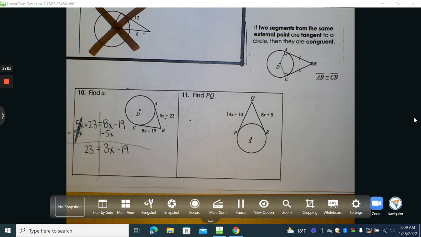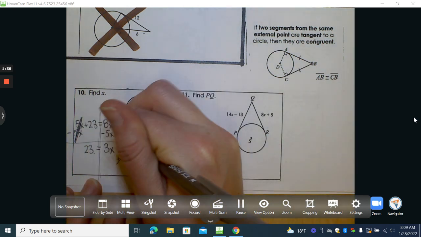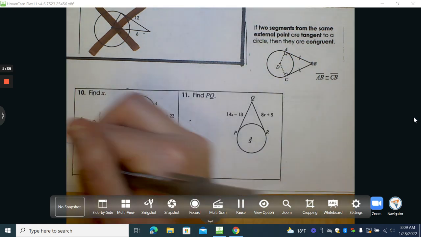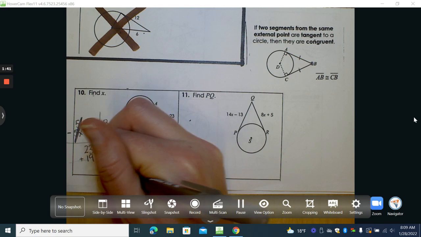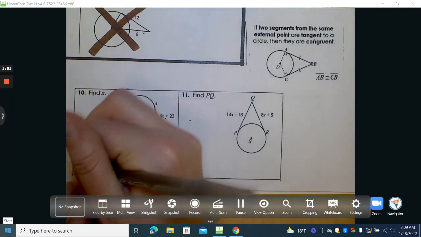My first step is going to be to add 19. To get rid of my 19, I'm going to add 19 to both sides. So now I'm left with 3x on my right side, 23 plus 19 on my left side. 23 plus 19 is 42.